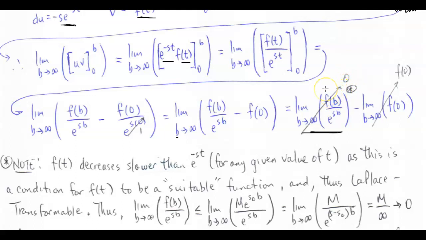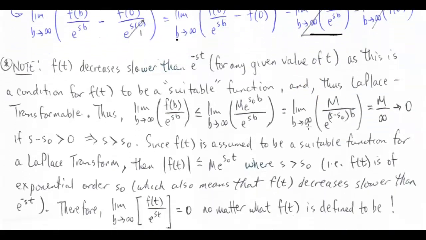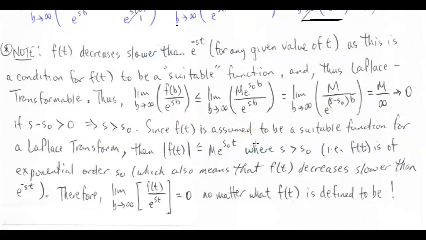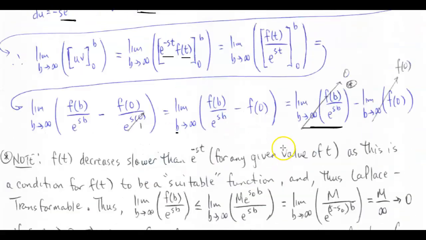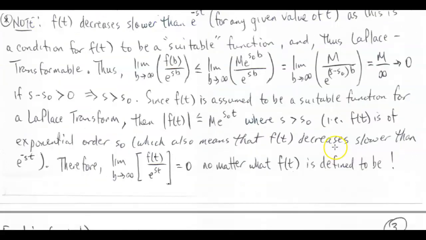All this business I have down here is just a fancy way of saying that. For those who like to talk in terms of exponential order, I've addressed that here. But in general, we don't have to be this verbose. All we need to know is that whatever this function is has to grow slower than that one, so the limit as b approaches infinity has to be 0.